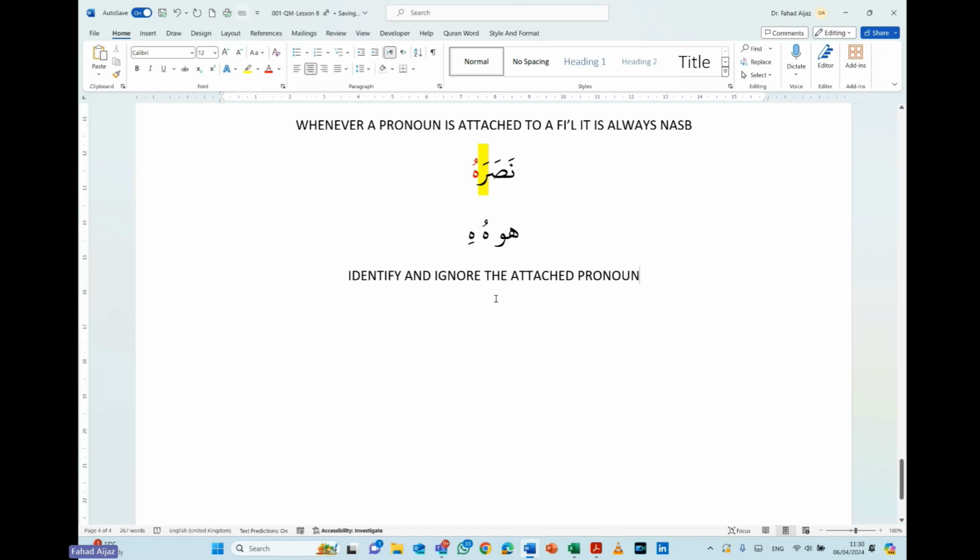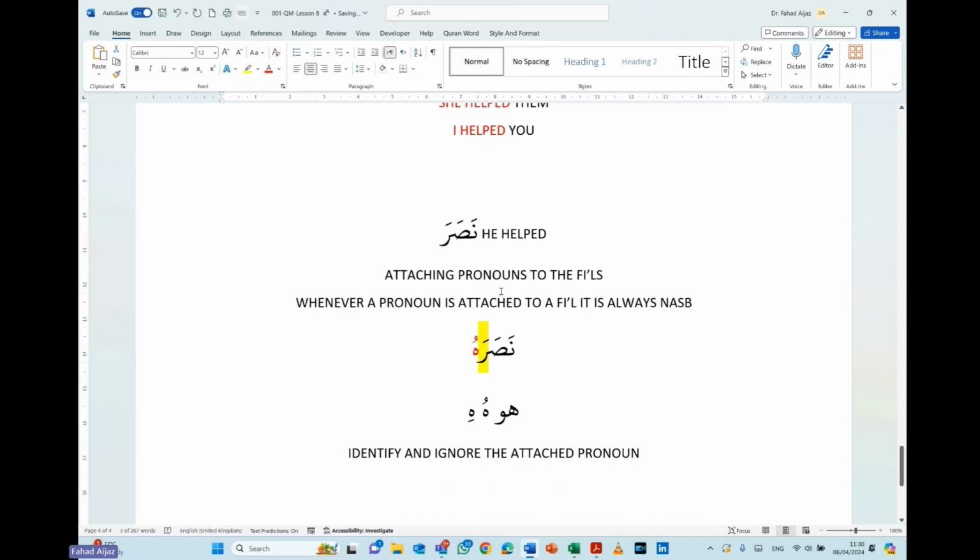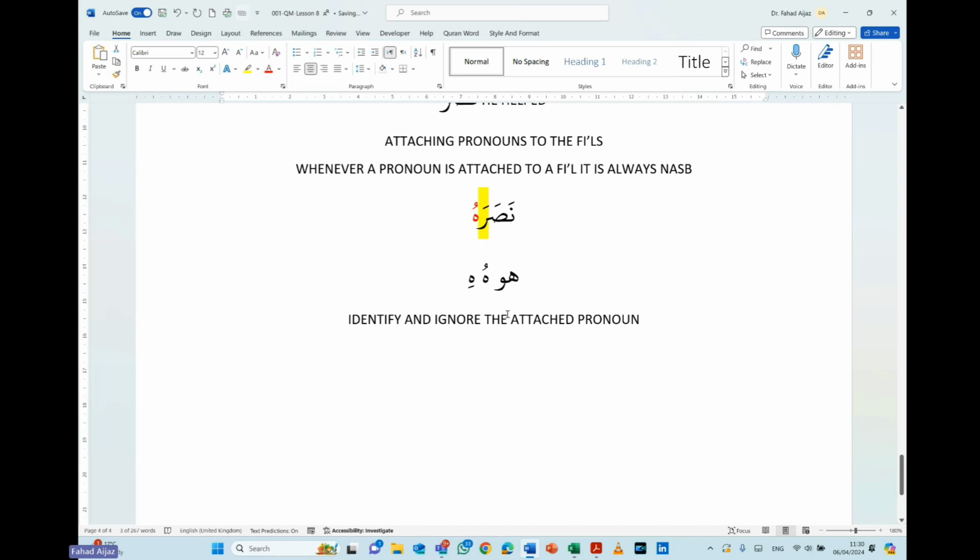So I'm looking at nasarahu, and I'm trying to come to this translation, he helped him. And that's the process I'm teaching you right now, how to come up to that translation. So when you're looking at the nasarahu, you identify and ignore the attached pronoun. So what you do, basically, you just ignore the attached pronoun here.